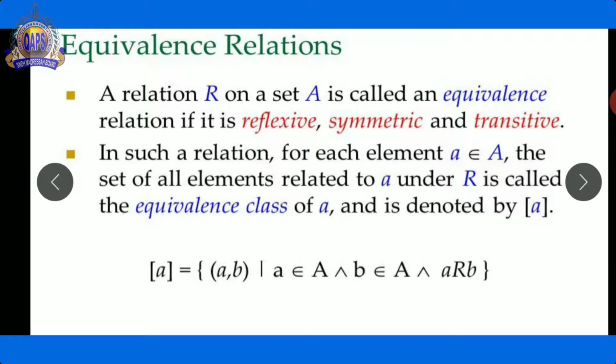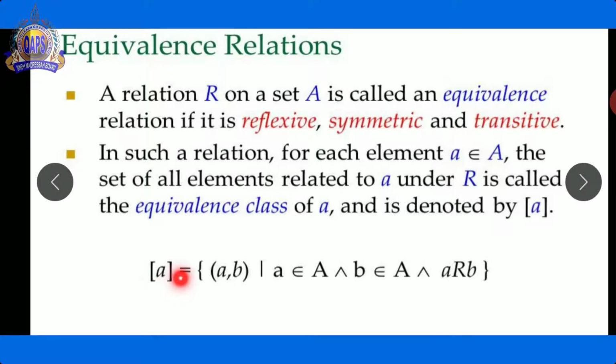In such a relation, for each a belonging to A, the set of all elements related to a under the relation R is called the equivalence class of a and is denoted by this. This represents the equivalence class of a.